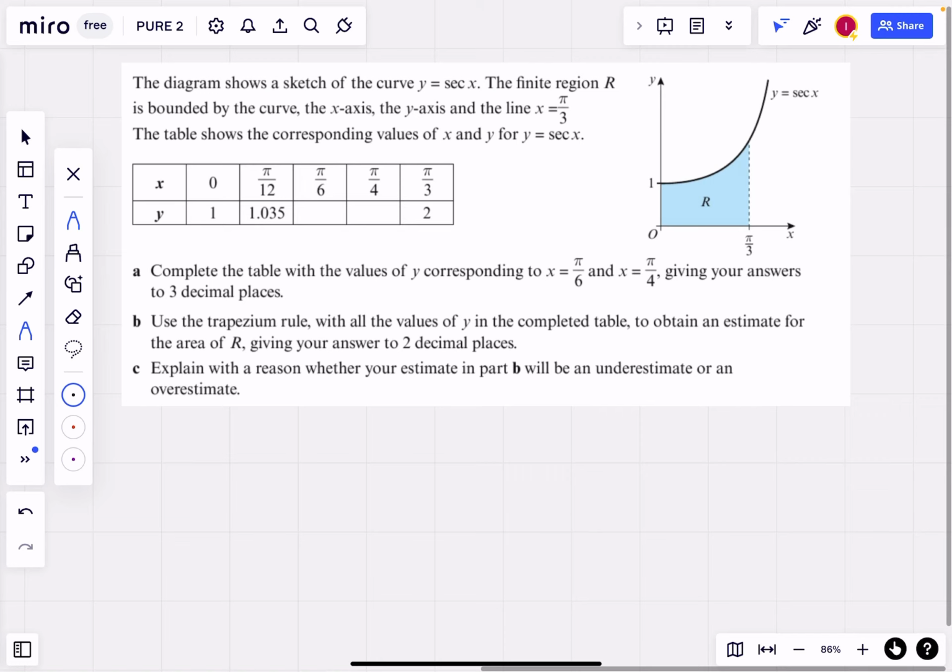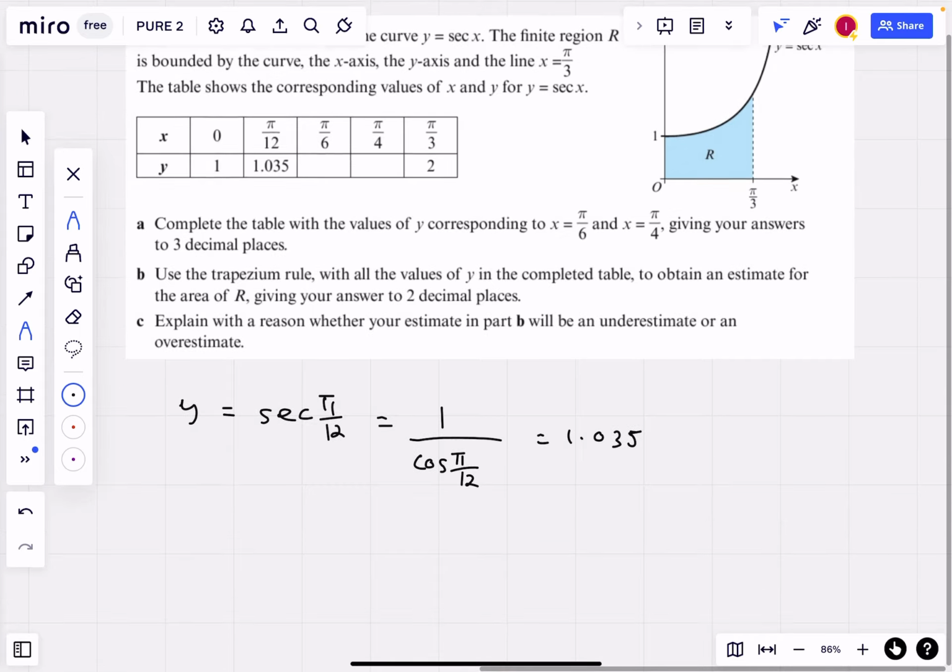So substituting x equals 0 into y equals sec x would give y equals 1. If you plugged in x equals pi over 12, you would get 1.035 because y is going to be the same as sec pi over 12, which is 1 over cos pi over 12. That's 1.035 to 4 significant figures. And usually, when we're doing the trapezium rule, you want your y to 4 significant figures.